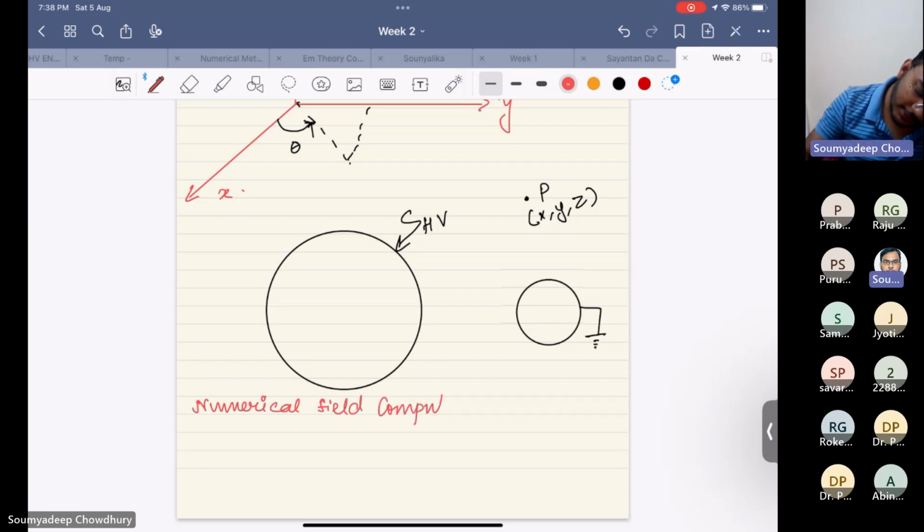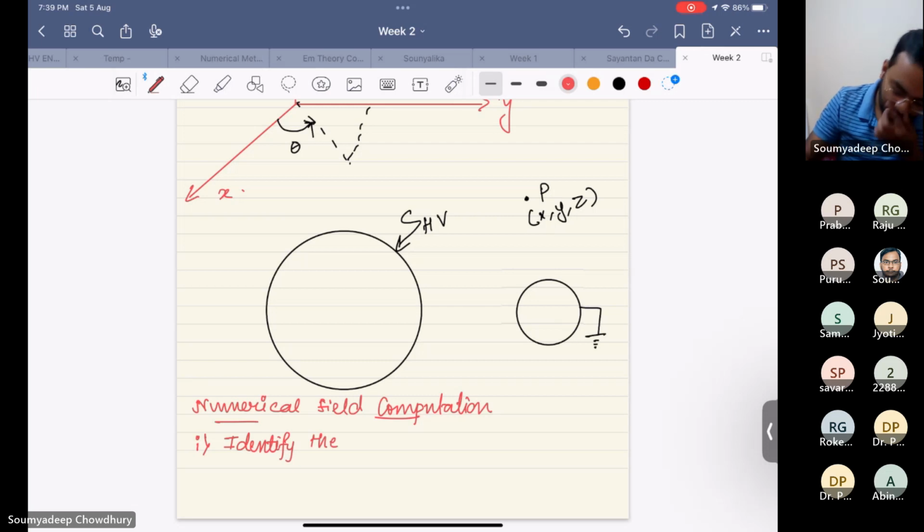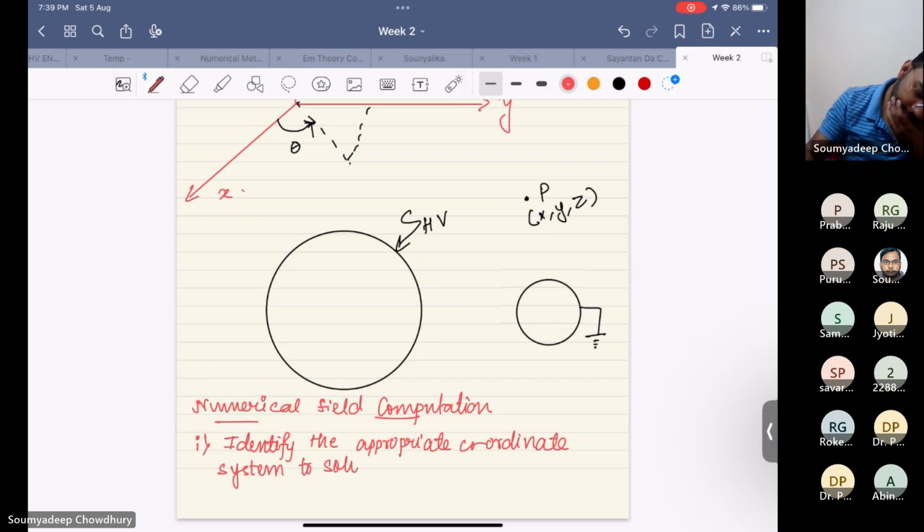Otherwise, so in numerical field computation, the basic philosophy of numerical field computation is there are different steps involved, right? Step one is identify the appropriate coordinate system to solve the problem.